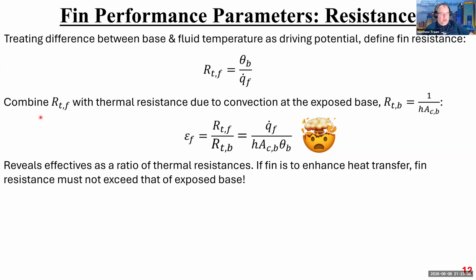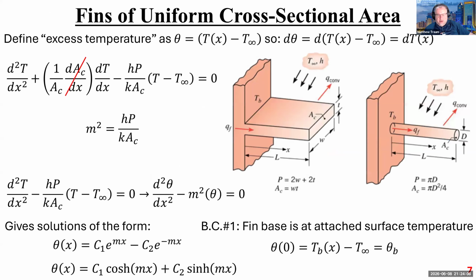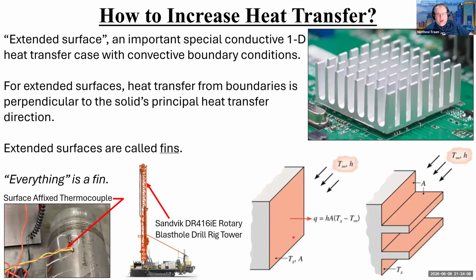We're then going to combine this idea of the thermal resistance associated with the fin with convection to come up with an equivalent convective thermal resistance at the base, right? So what is this? This is 1 over hA_c,b. What do I mean by that? Let's go back here, right?